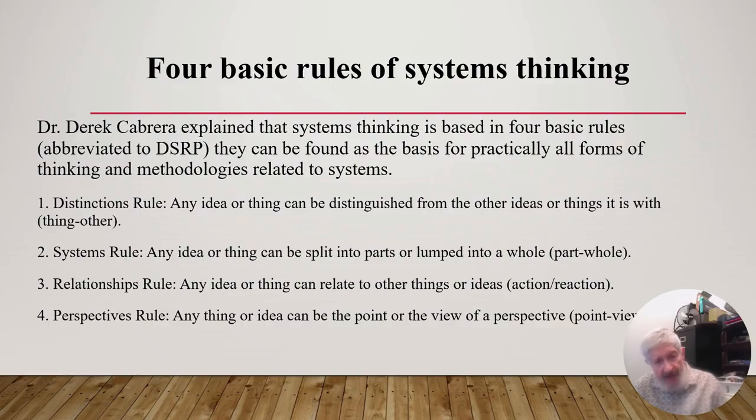Now, Dr. Derek Cabrera of Cornell University explained that systems thinking really is based in four basic rules. And these rules are the basis for practically all forms of thinking and methodologies related to systems. There's the distinction rule.